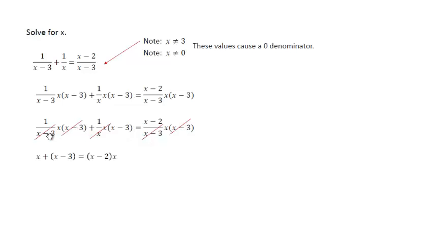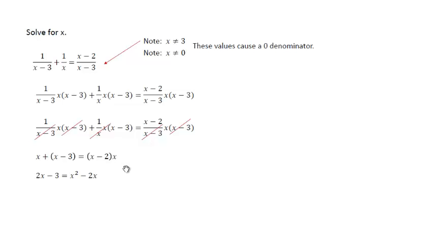When we eliminate these common factors, we're left with 1 and x for x, 1 and x minus 3 for x minus 3, and x minus 2 times x, and be careful, you need to put parentheses around your binomial. So what I always do is just leave the parentheses around the binomial until I simplify.